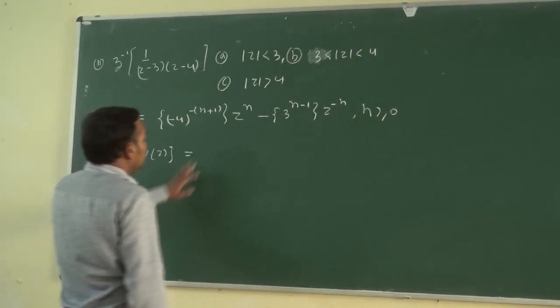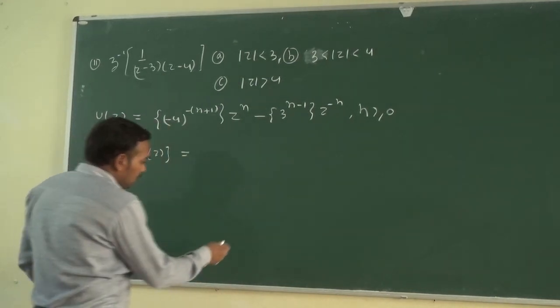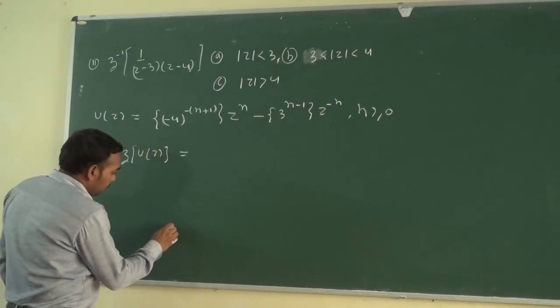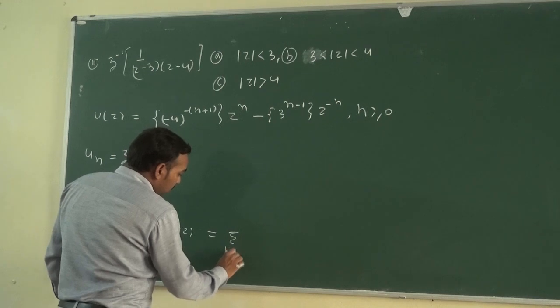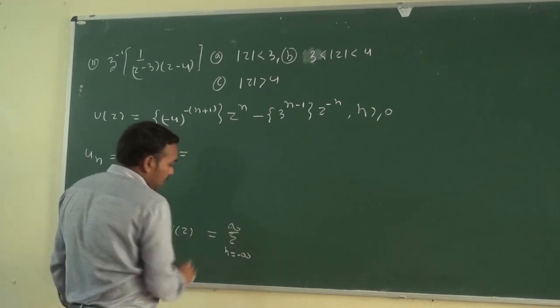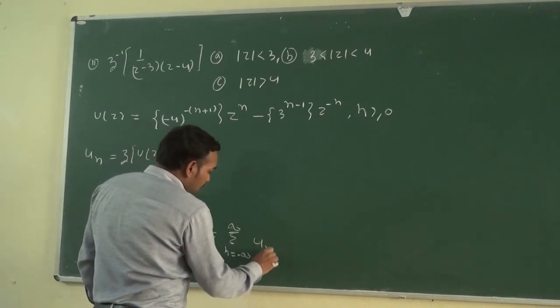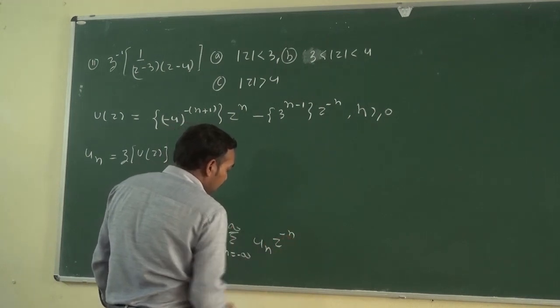As we know, in the z transform, u of z equals the sum from n equals minus infinity to plus infinity of u n z to the power minus n.